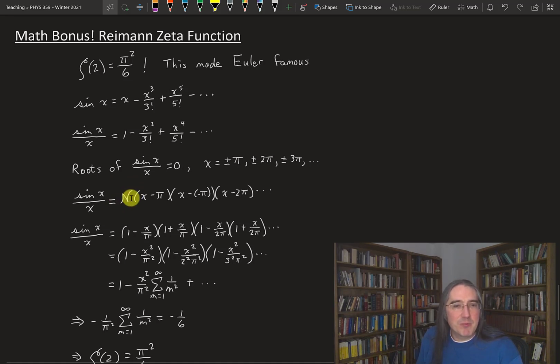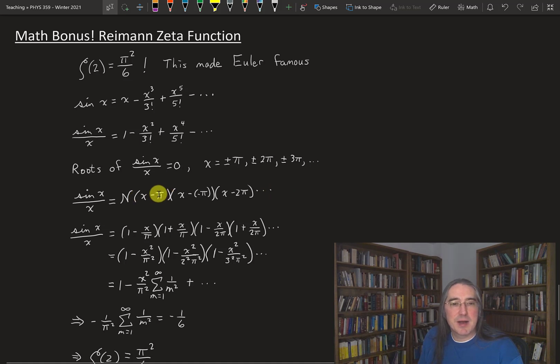But we know the constant term in this Taylor expansion is a 1. When we multiply all these things, we'll have terms that look like x squared, x cubed. The constant term is going to come from multiplying all of the constants together. So we can get to 1 by just dividing everything by its root.